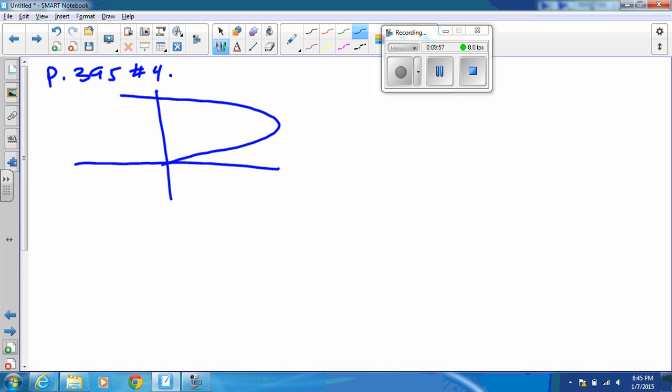The first curve stretches out like so, and it has the equation x equals 12y squared minus 12y cubed. And the second curve looks like so, and it has the equation x equals 2y squared minus 2y.